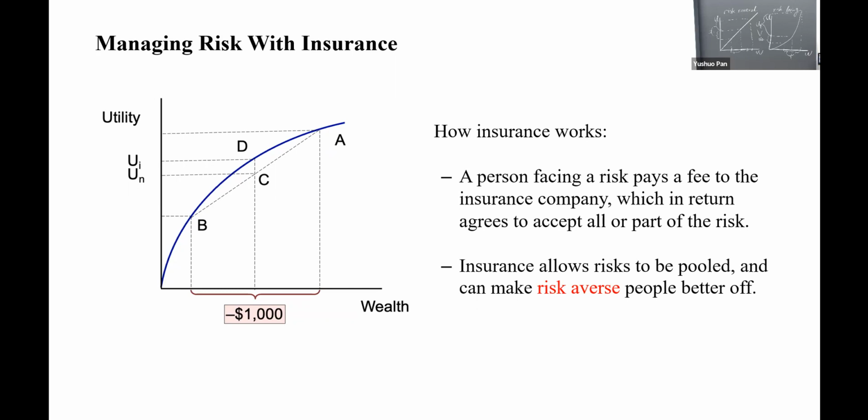If I do not buy the insurance, what's my expected utility? The expected utility equals 50% times the utility if I do not lose that $1,000. That's my original wealth, point A, the utility of A, only 50% of UA.